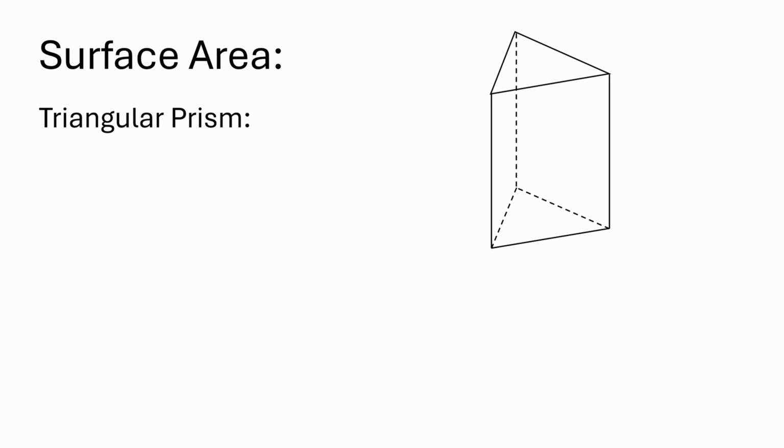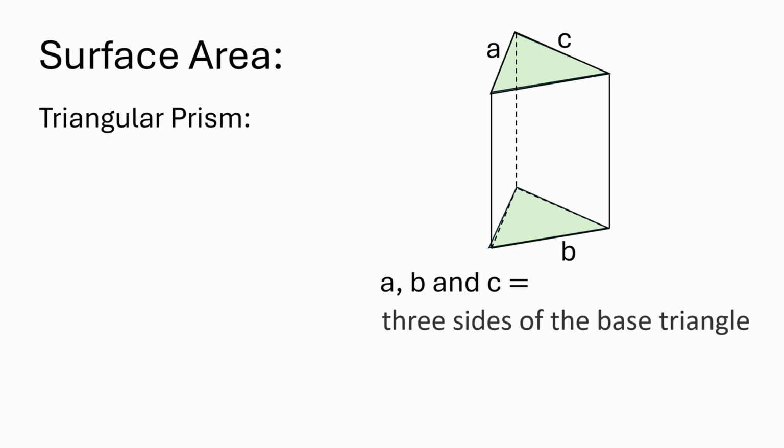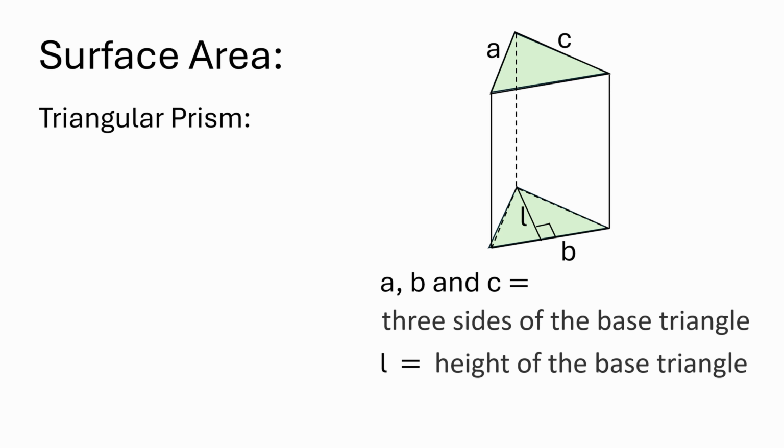Surface area of triangular prism. This is a triangular prism. It has two congruent triangular bases and three rectangular faces. Let a, b, and c be the side lengths of each triangular base. Let l be the height of the base triangle.